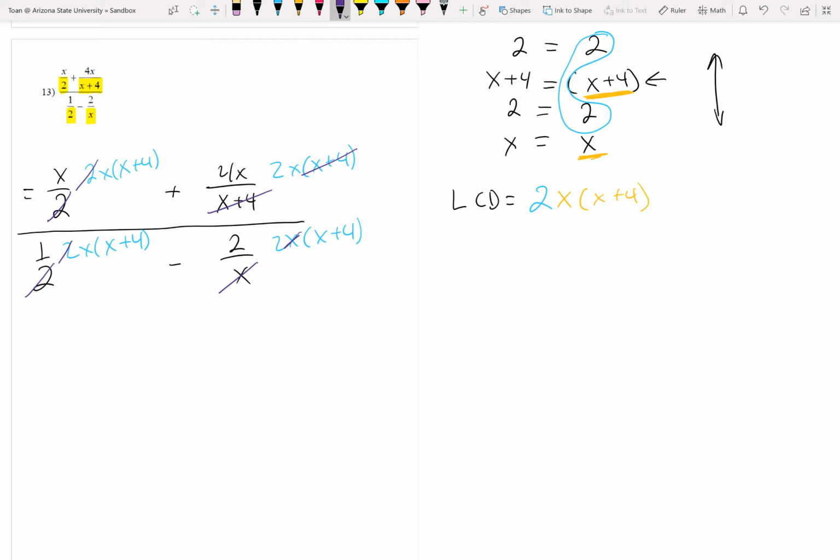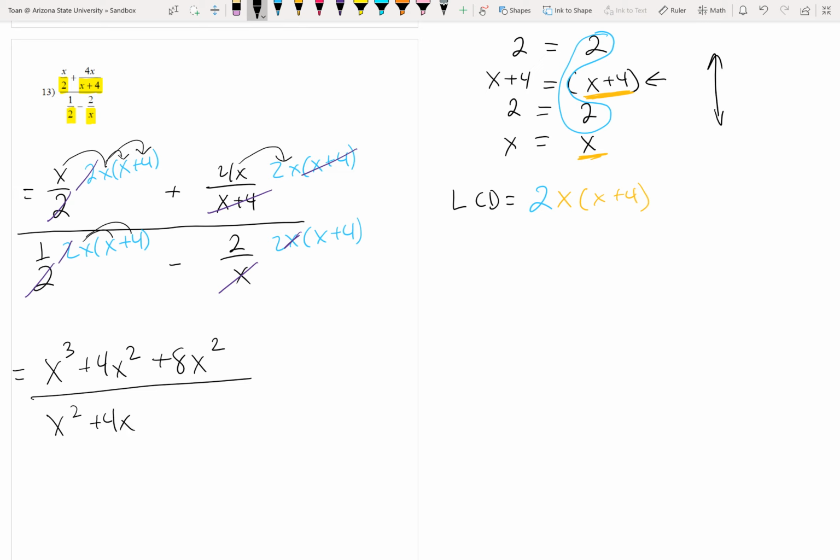So in the top left, I have an x times x, which is x squared, and I'm going to multiply the x squared into the x plus 4. So that's x cubed plus 4x squared. In the top right, I have 4x times 2x, which is plus 8x squared. All over, in the denominator, I just have x times x plus 4, which is x squared plus 4x.